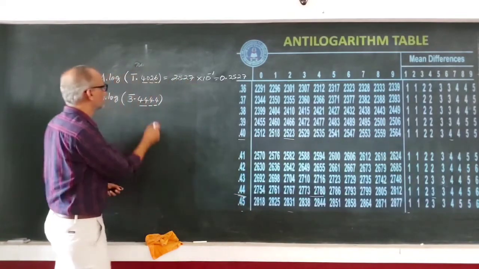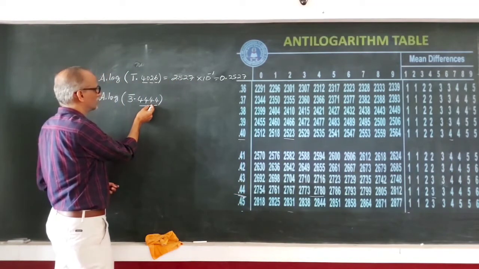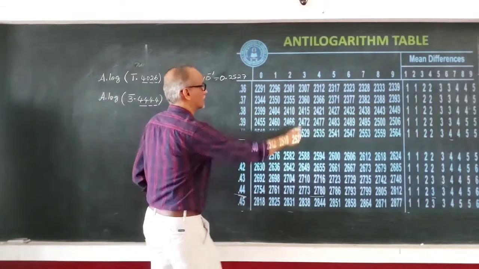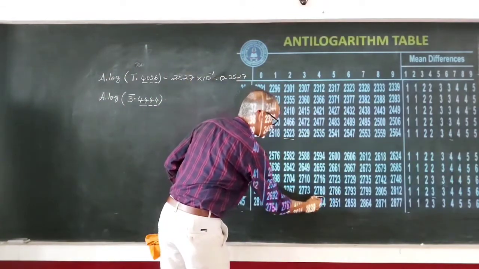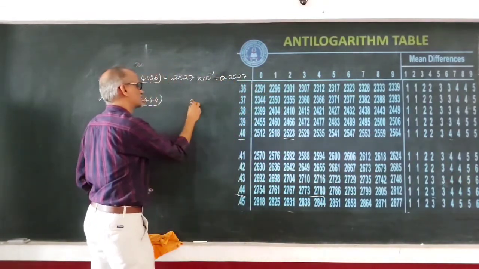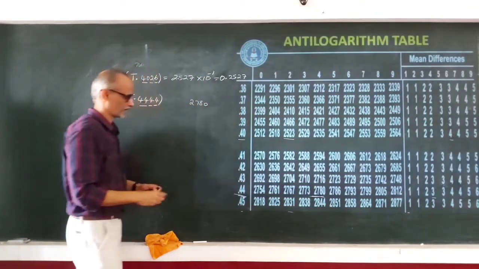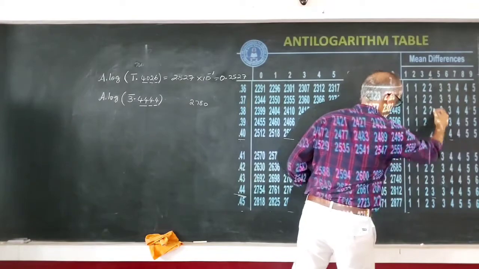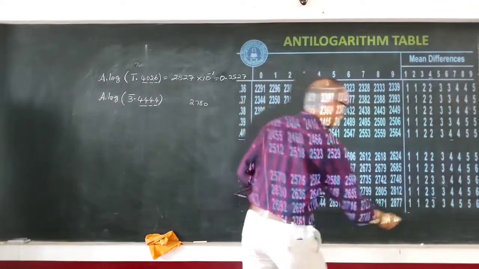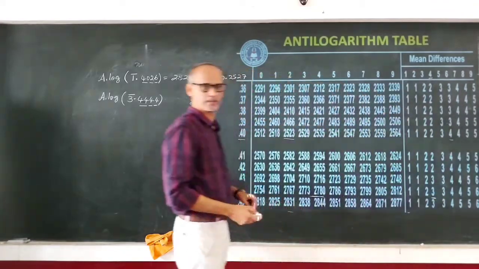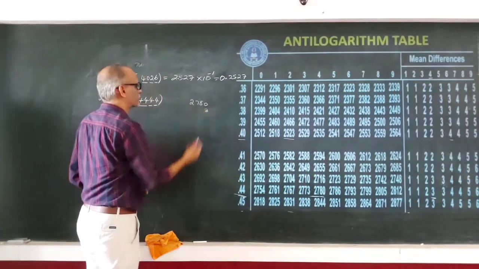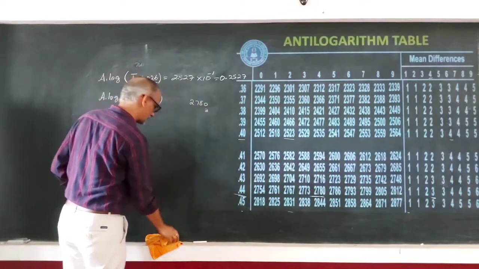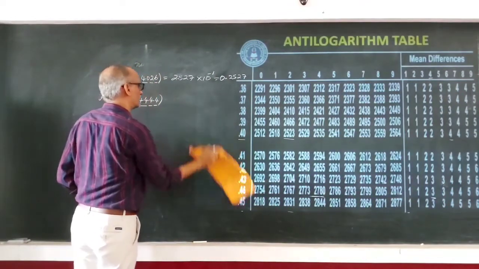Then 4, which is here, gives 2780. So consider 2780, and then 4 from the mean difference, which is here. That 4 gives a value of 3. Add that 3 here, so you will get 2783.